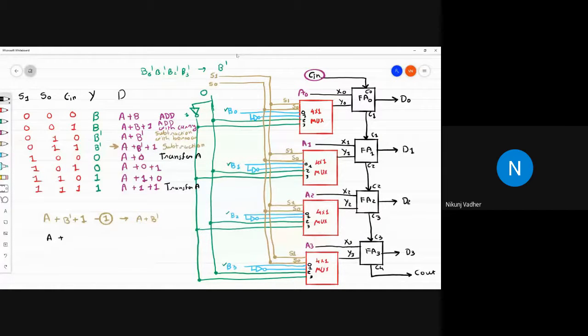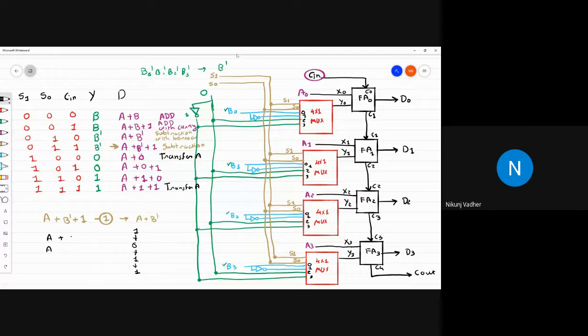A plus two's complement of 1. What is two's complement of 1? Complement of 1 is 0, 0 plus 1, so again we will get 1.